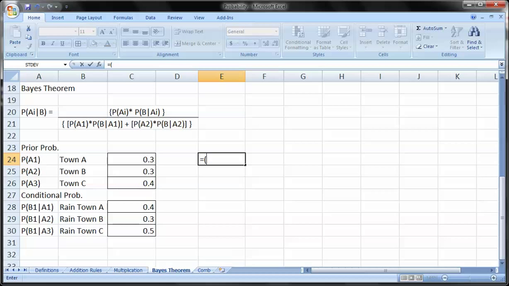So we want to know what is the probability of town C and raining. So the first one is this first probability times the conditional probability, 0.5. That's this first term here. Then I'm going to push divide. Add another set of parentheses, but this time I'm going to add 2 parentheses.